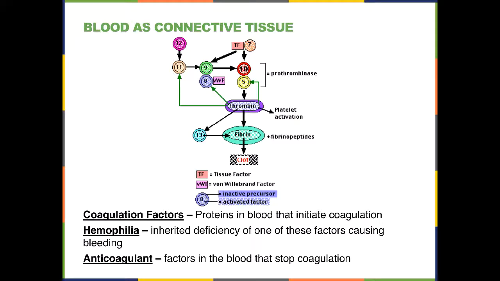Now, the body also produces proteins, or has proteins present, that are responsible for stopping coagulation, so that once started, it doesn't cause us to just completely coagulate all of our blood. And these are called protein C and protein S. You don't need to know that.